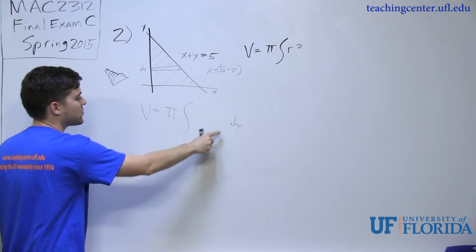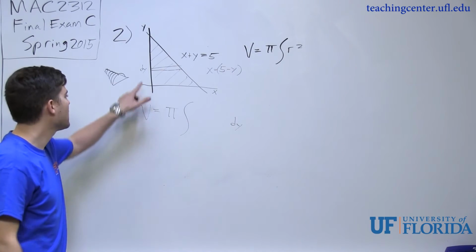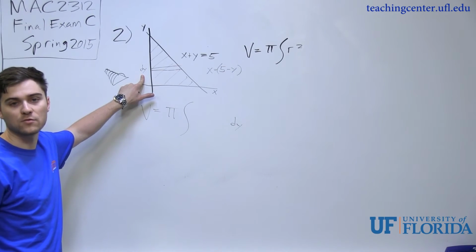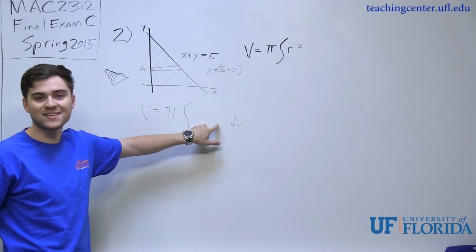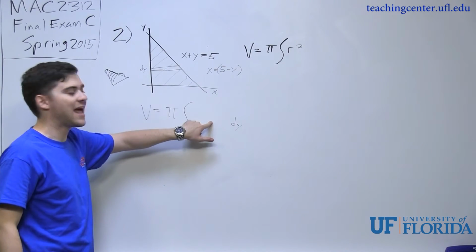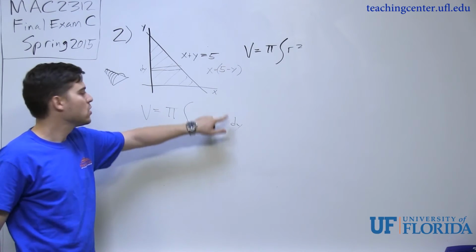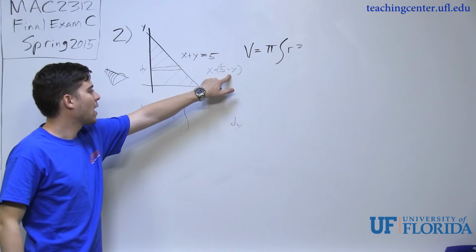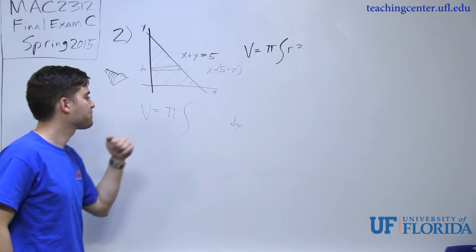And again, the reason I'm getting it in terms of y is because I have a dy, because of the nature of these semicircles. Remember, I want all my variables to be the same variable. I don't want to put x in here because then I can't integrate it. So if I have a dy, I want everything in terms of y.